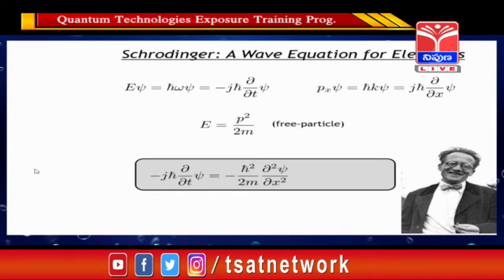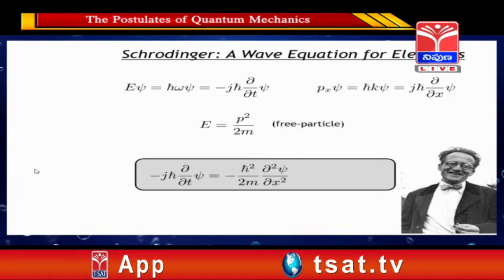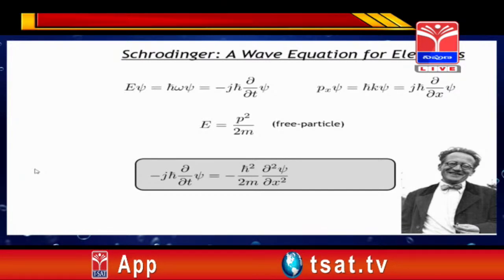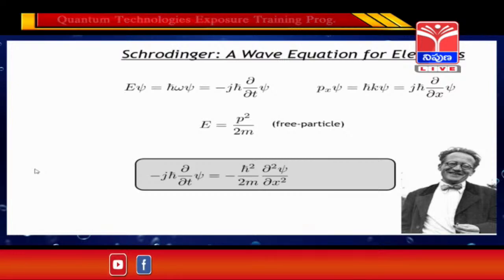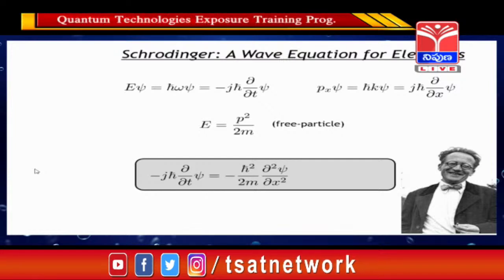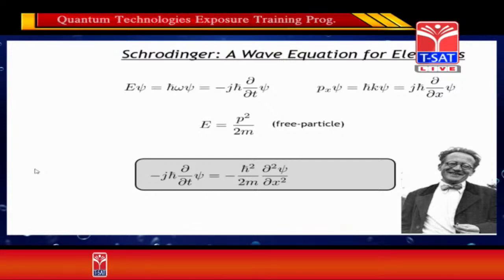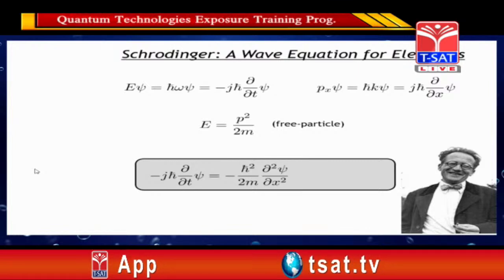Now if we consider the particle to be a free particle, that is, it has only kinetic energy, not under the influence of any force or potential, so there is no potential energy present, then the total energy is basically the kinetic energy. Kinetic energy can be written as p square by twice m.